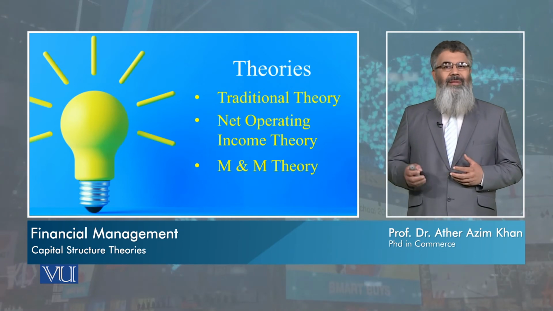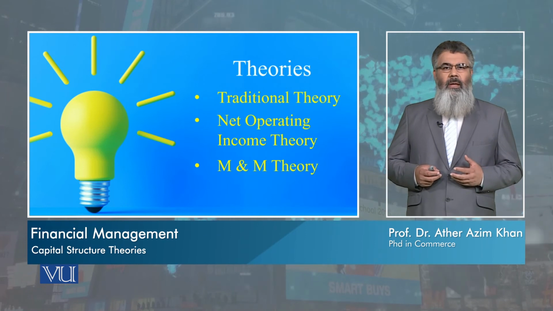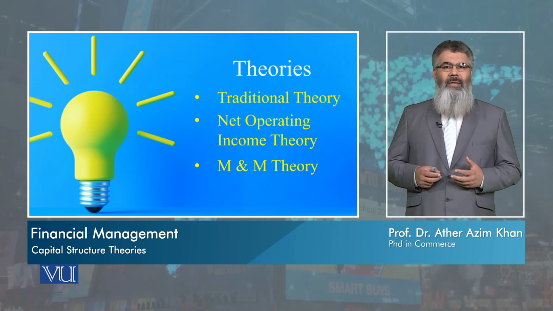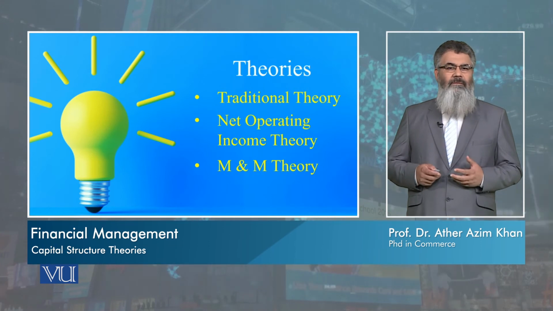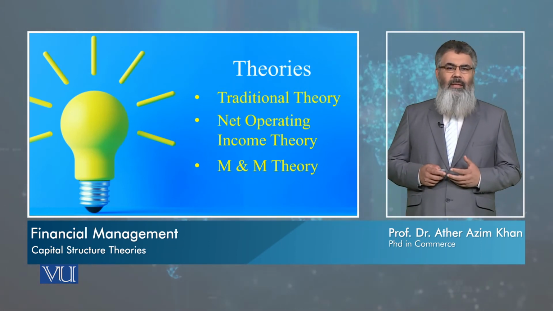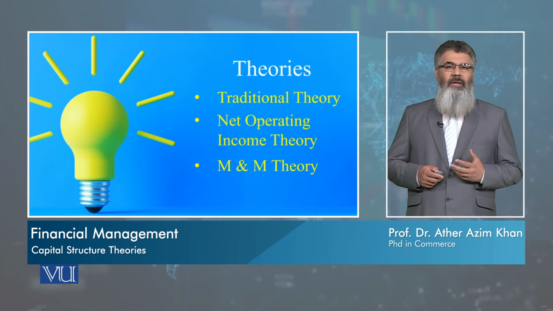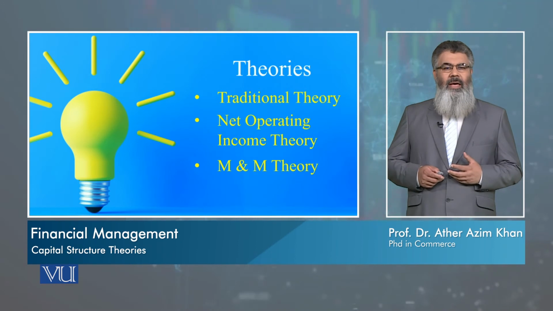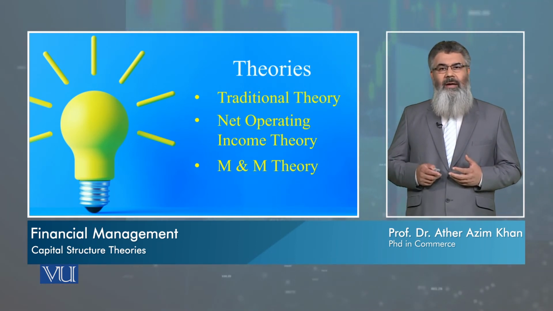So, whatever the capital structure is, the value of the firm will not change. M&M, or Miller and Modigliani's argument, is actually in favor of the net operating income theory. Traditional theory is called the theory of relevance, and the other two are called the theories of irrelevance.